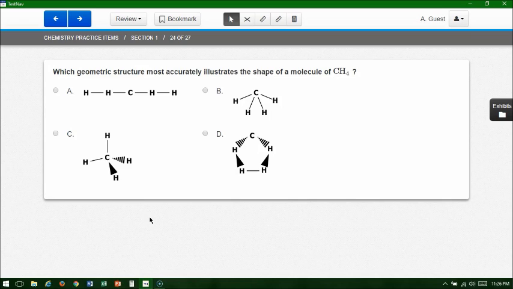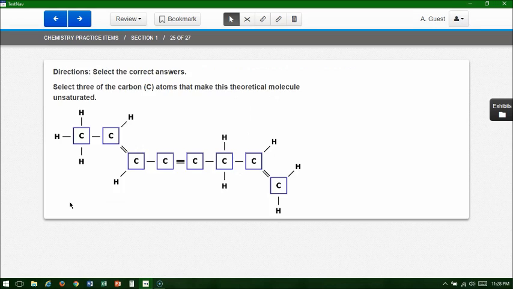Number 24 is about molecular geometry. CH4, which is called methane, has a tetrahedral shape. So the best representation of that tetrahedral geometry is choice C. Number 25. Select 3 of the carbon atoms that make this molecule unsaturated.